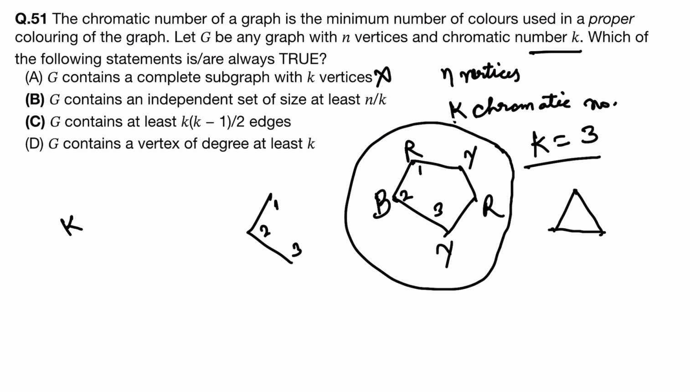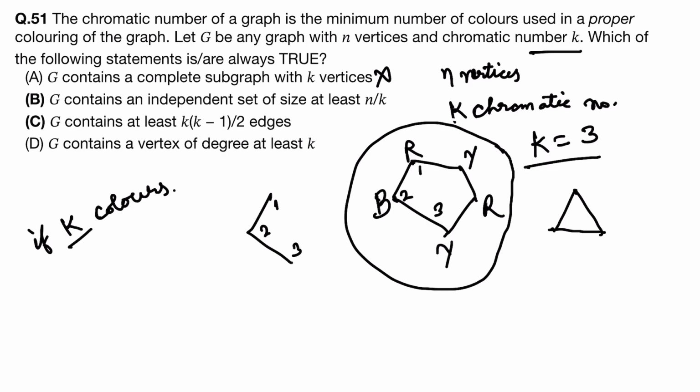G contains an independent set of size at least n by k. See, if there are k colors, there will be k color classes and n vertices.